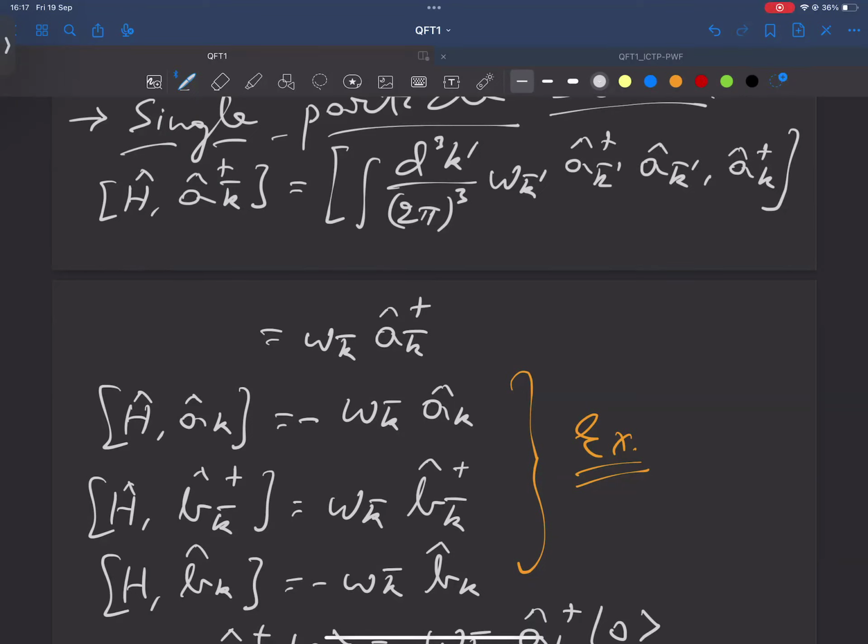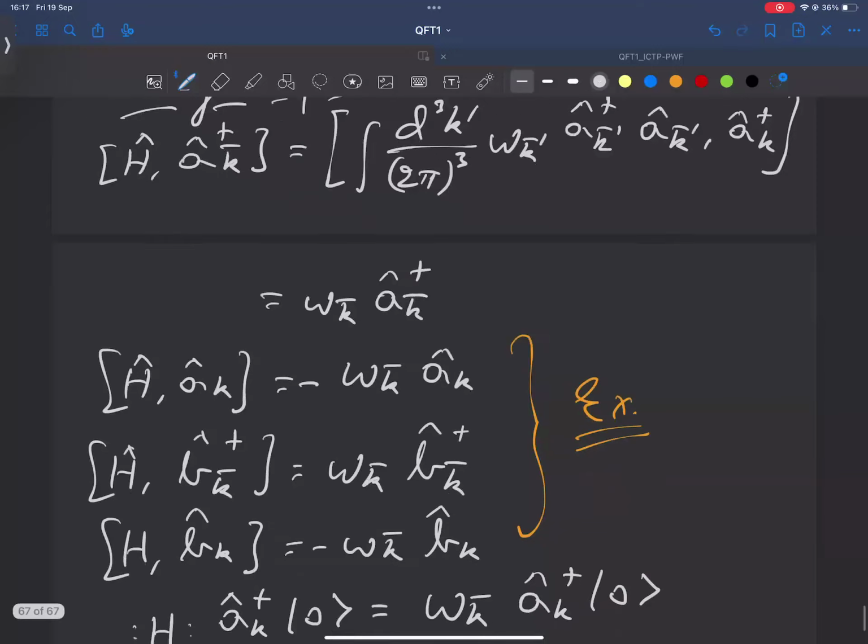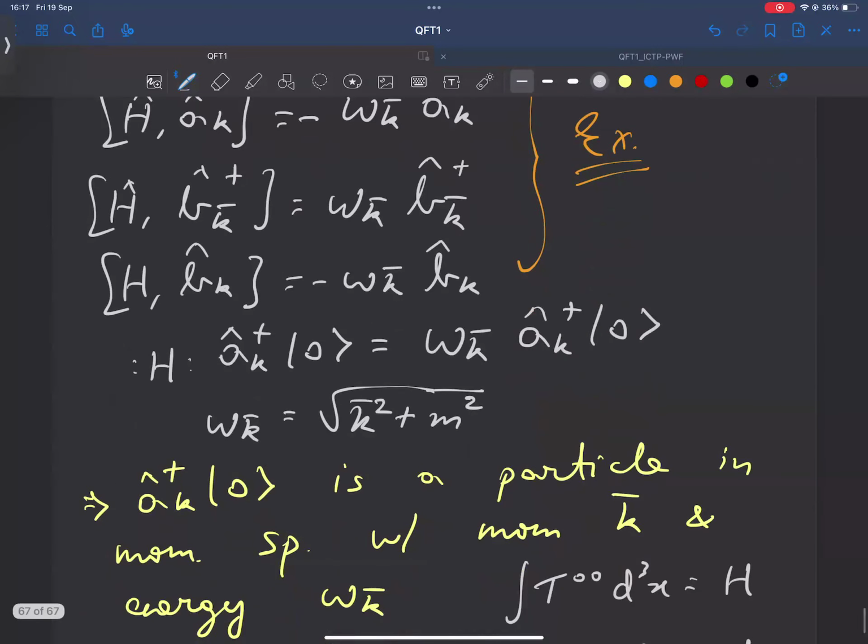And another thing we saw is that they indeed create particles when acted on the vacuum with momentum k and energy omega k, just like in the simple harmonic oscillator case, you had energy as omega.